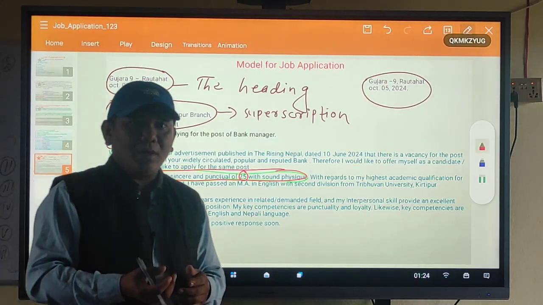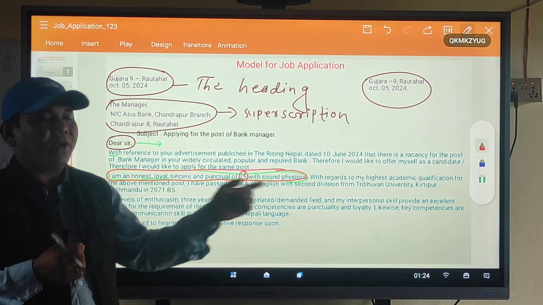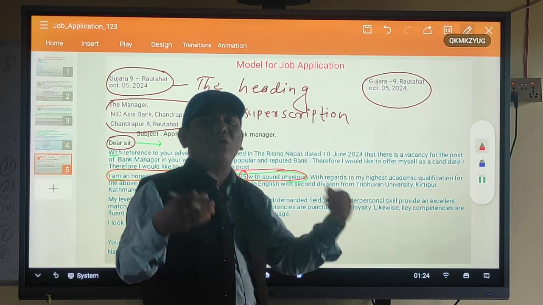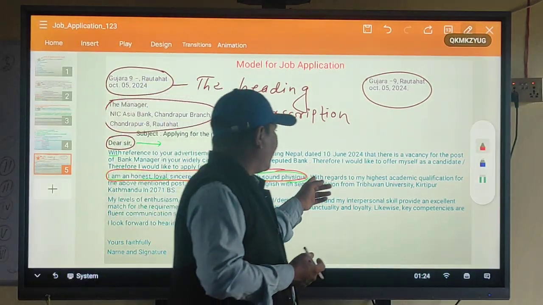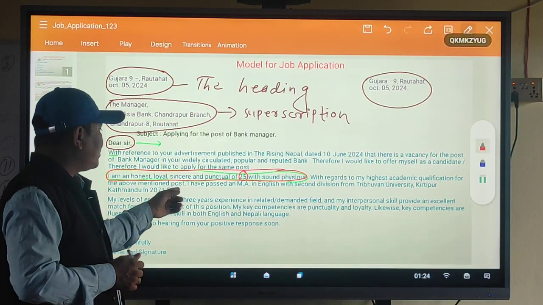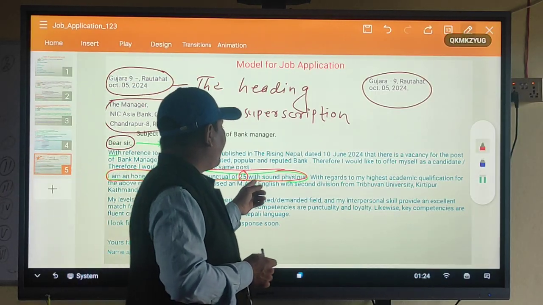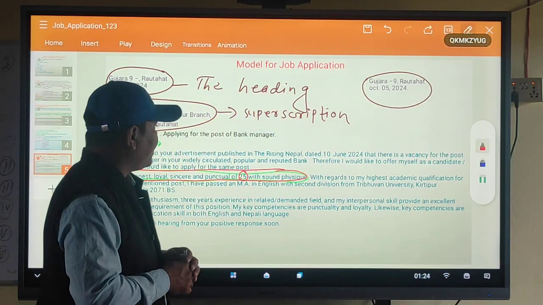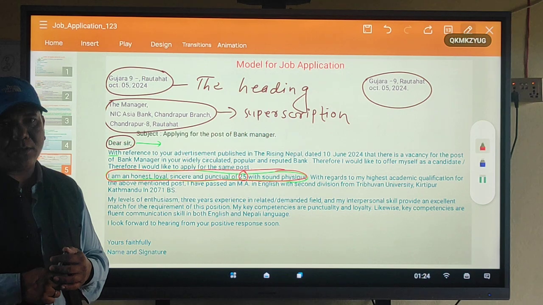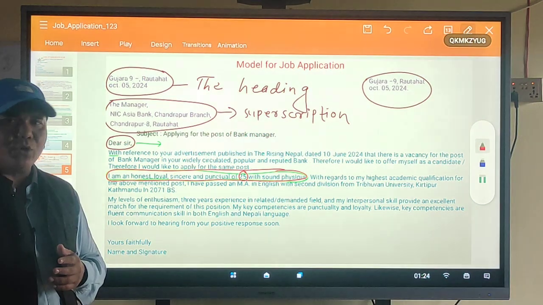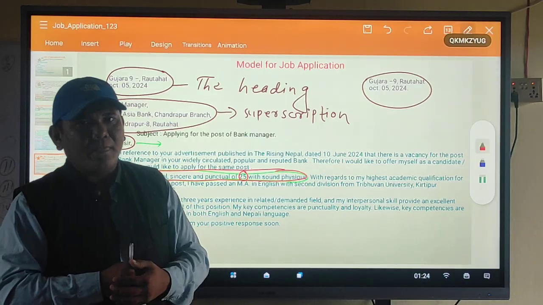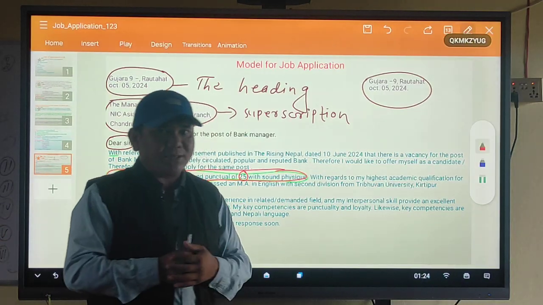I have written my own academic qualification here, but you can write your own in this way, or in your own way. But I recommend you all to write the same way. This is the best way, I think.